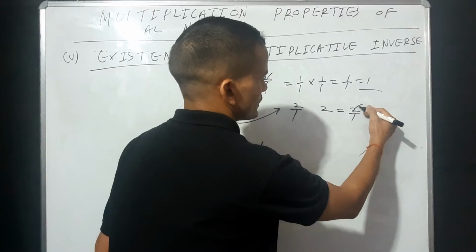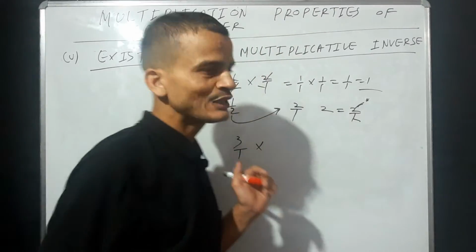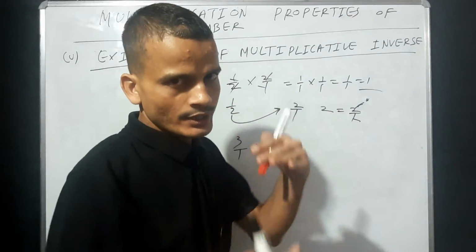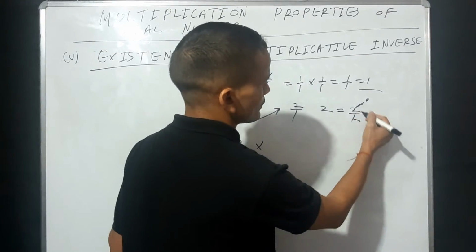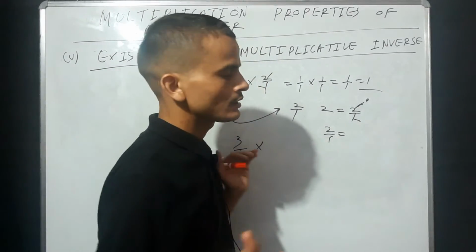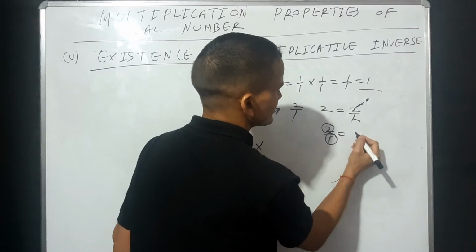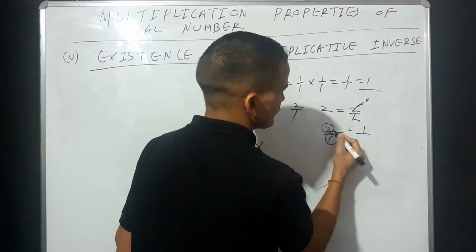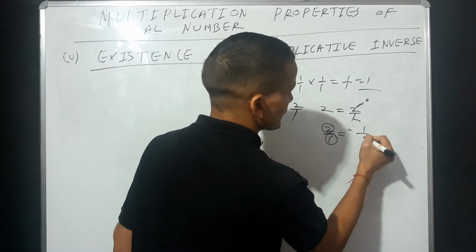The upper number is known as the numerator and the lower number as the denominator. To find the reciprocal, we write the denominator in the place of the numerator, and the numerator in the place of the denominator. For 2 by 1, 2 is the numerator and 1 is the denominator, so we write 1 by 2.